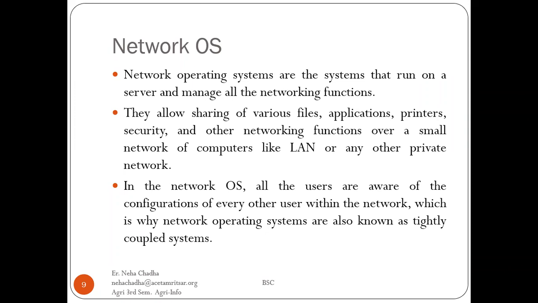But as far as the network operating system is concerned, a person who is using another system must be aware of which type of configuration the other person has within the same network. That's why network operating systems are called tightly coupled systems, because here the configuration is quite important.